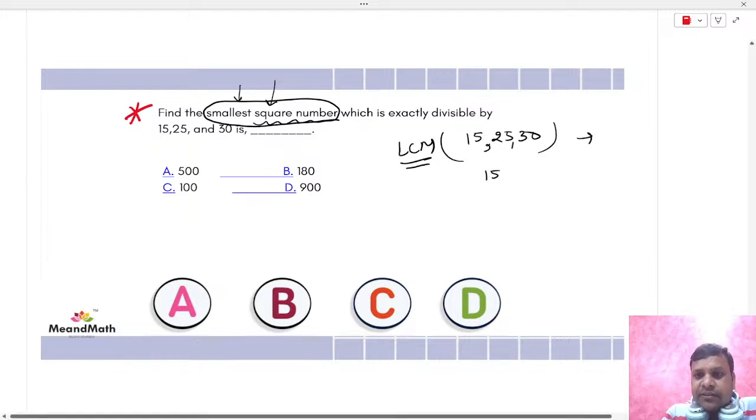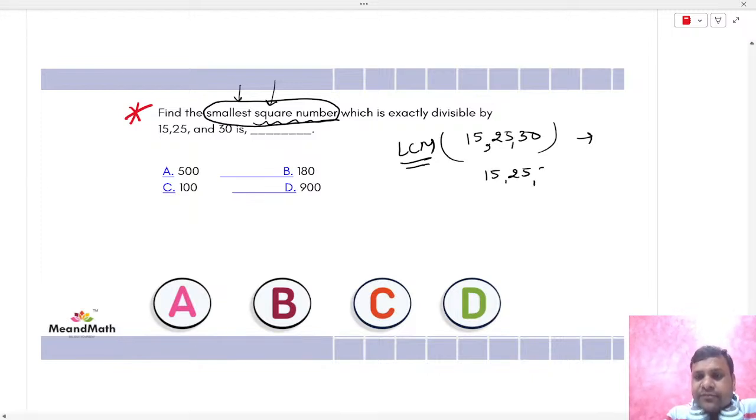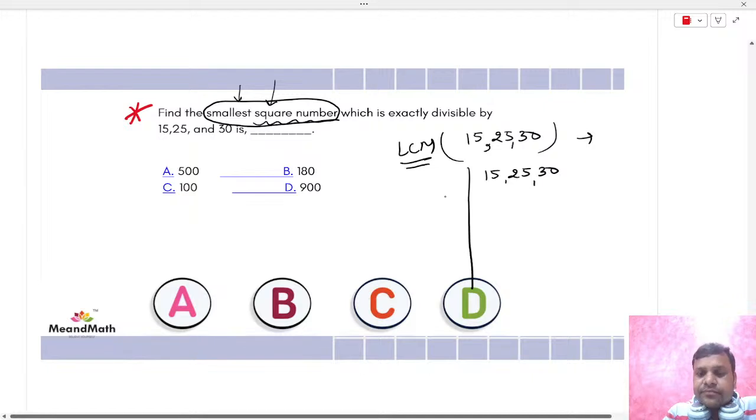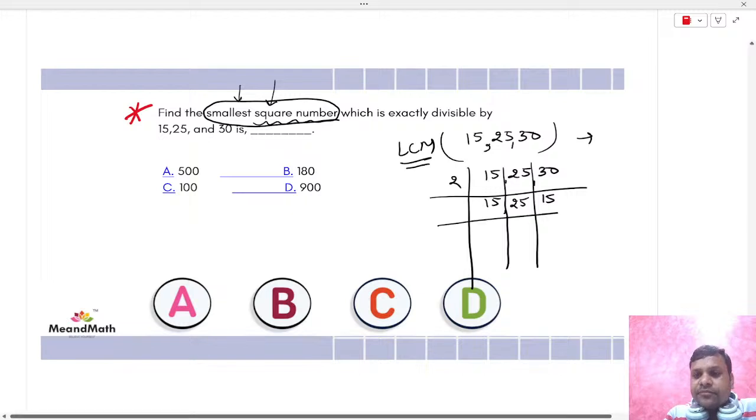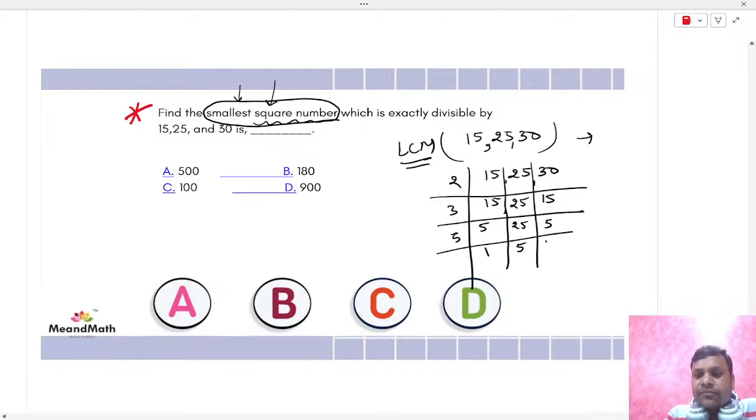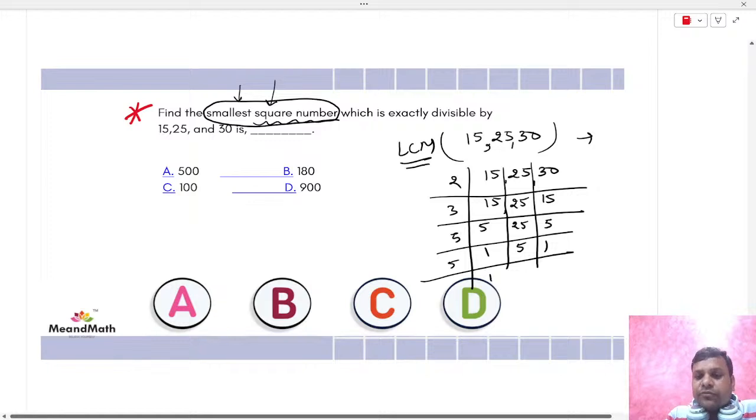So 15, 25, 30, divide by 2: 15, 25, 15, then 3, 5, 25, 5, then 5, 1, 5, 1, then 5, 1, 1, 1.